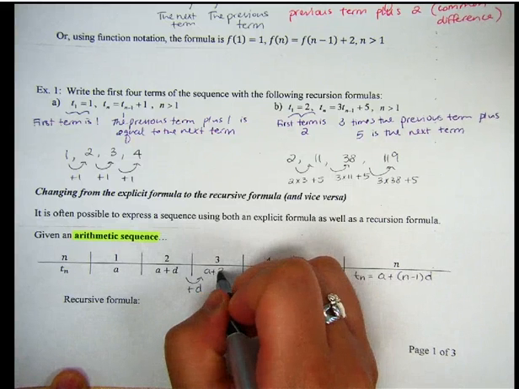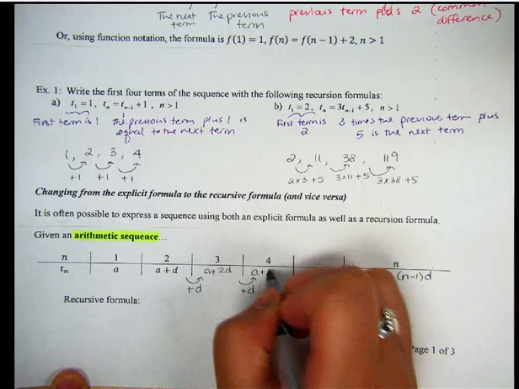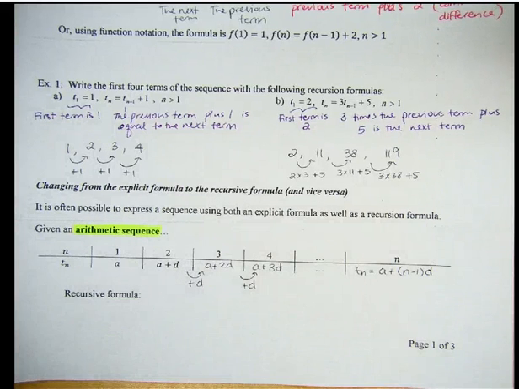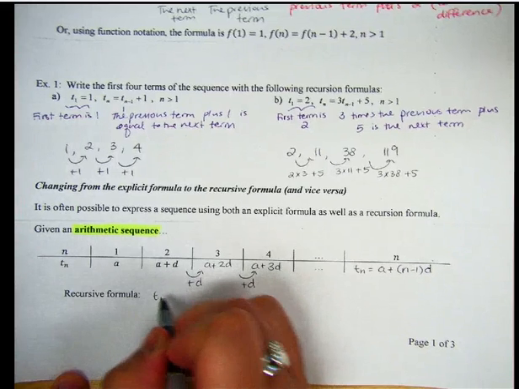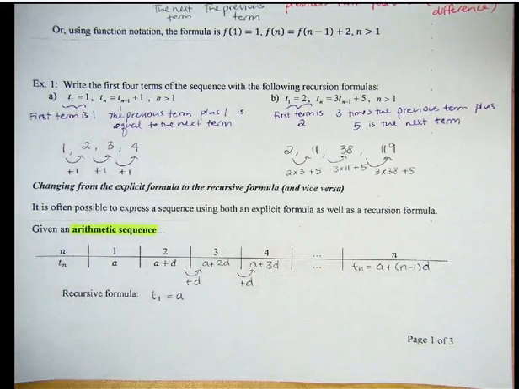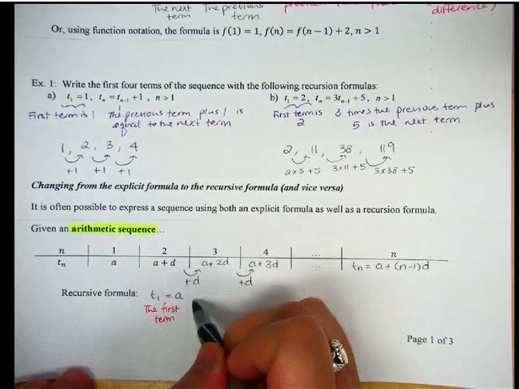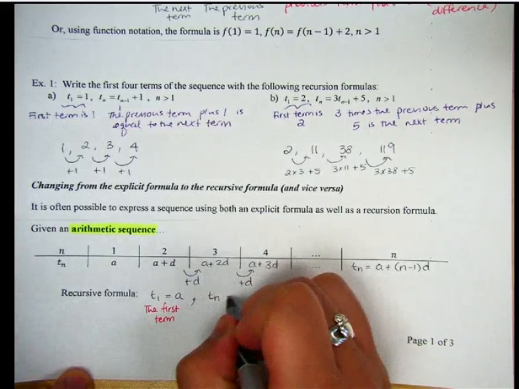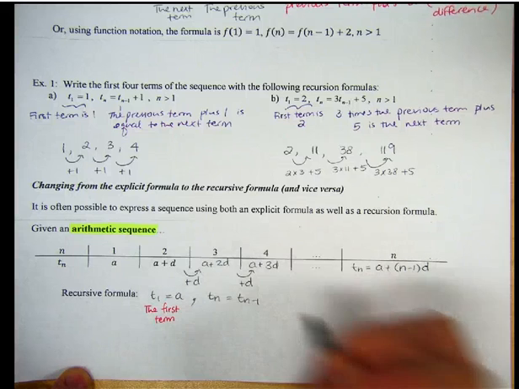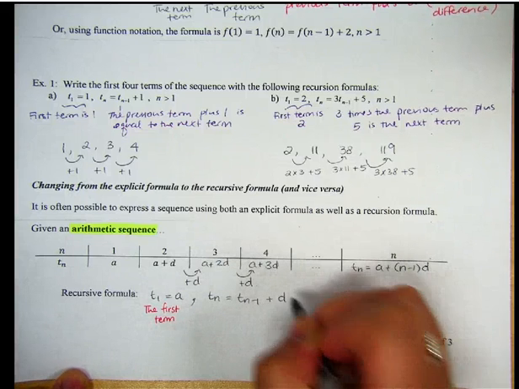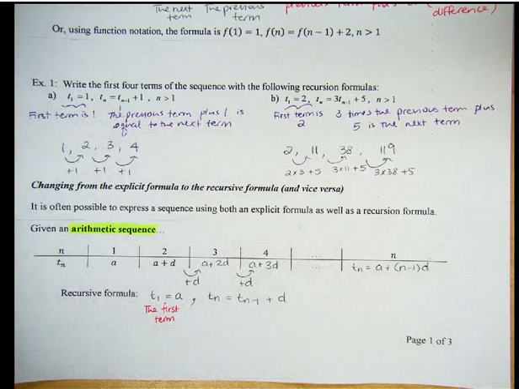So the third term would be a plus 2d, the fourth term would be a plus 3d. As the recursive formula, we would just need to write down that the first term is equal to a, and every subsequent term is going to equal the previous term plus the common difference d.